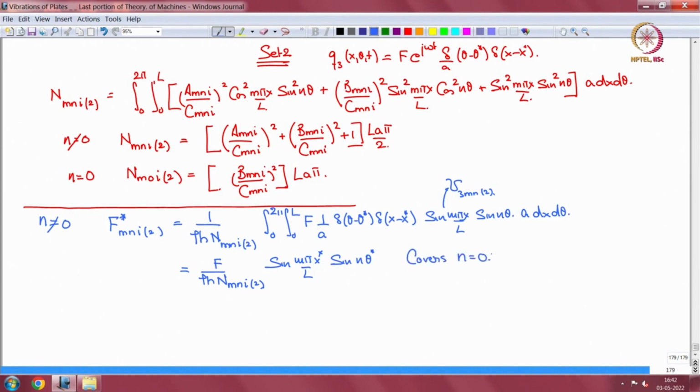Okay, so that means what? If I simply set n equal to 0, I get the correct result. So f m 0 i 2 is equal to 0. Okay.